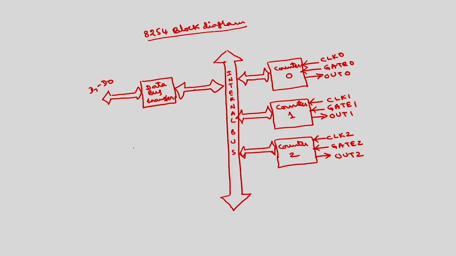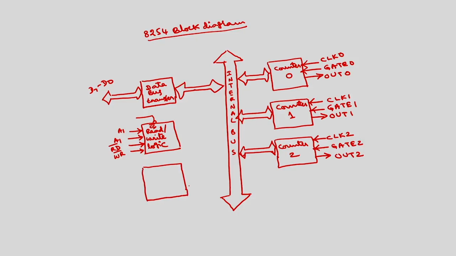Then we have the read write logic. For this block we have the chip select signal, A1, A0, read bar, write bar. And there is one control word register, which is similar to 8255. To program these counters and timers, we need a control word register.